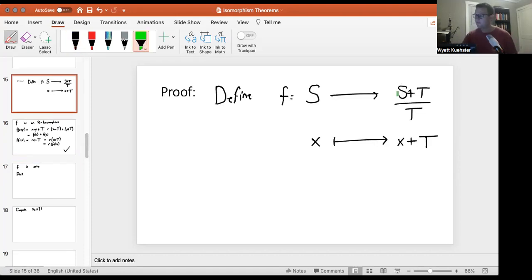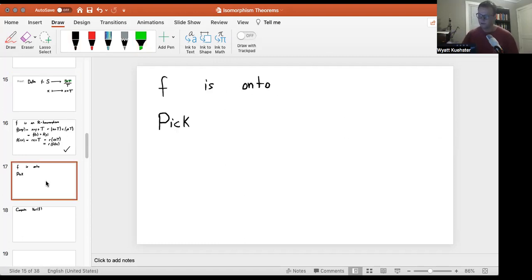Well, it's a coset of an element of this by T. So pick, and I'm gonna call it, little s plus little t plus big T. Right, that's what a coset looks like in this module S plus T mod T.